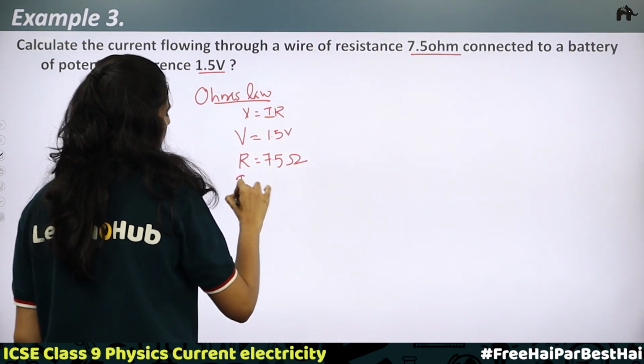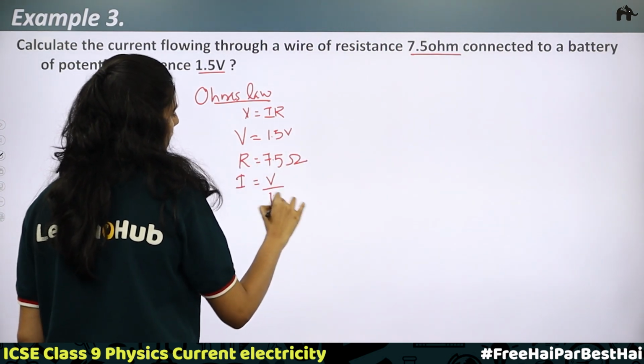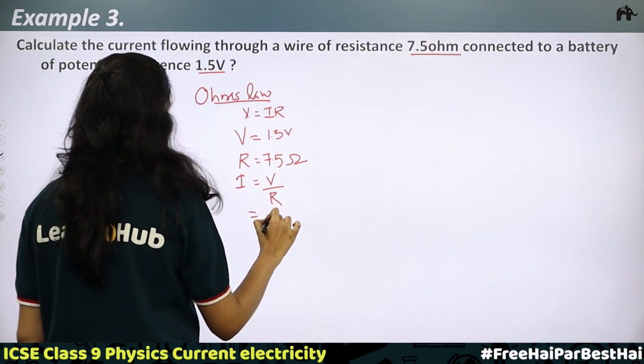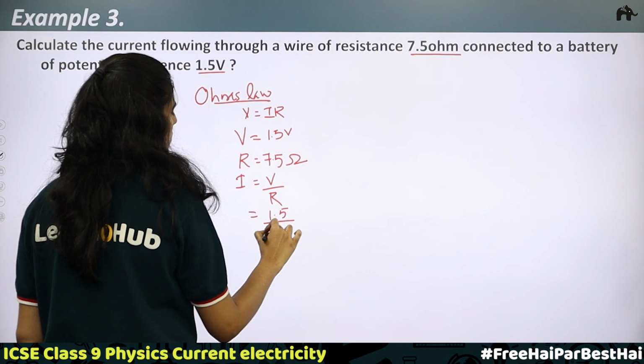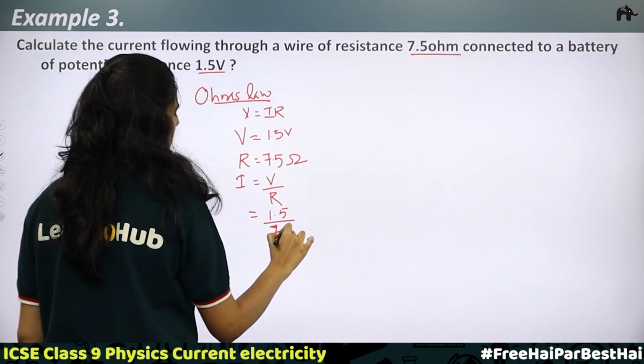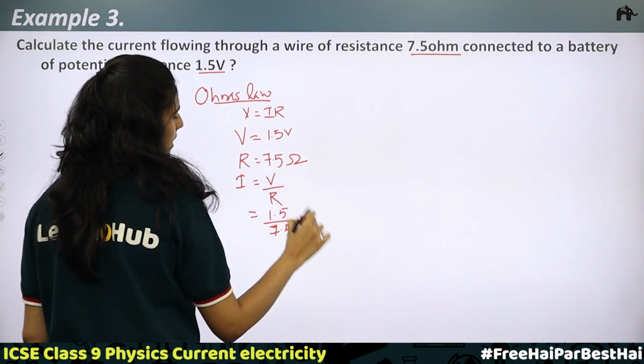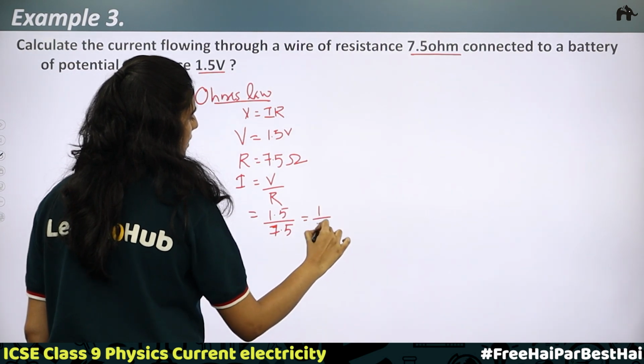We have to find the current. I will be equal to V by R. Here V is equal to 1.5 and R is equal to 7.5. This will be equal to 1 by 5.